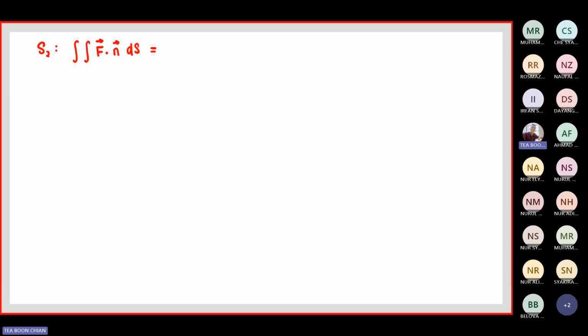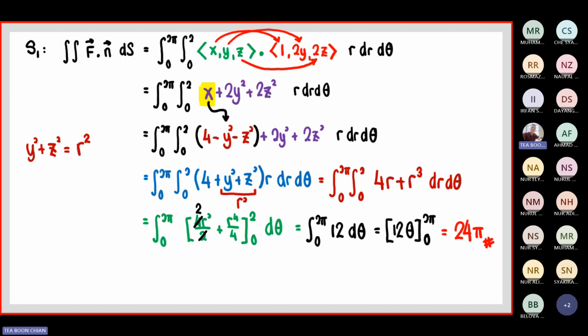I also reminded you yesterday that whatever double integral you used in setting up S1, the exact same setting can be used for S2, because we are just referring to the same surface in the opposite direction. So here, 0 to 2 pi, 0 to 2, r dr d theta.